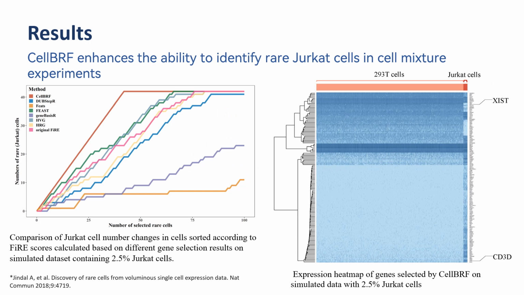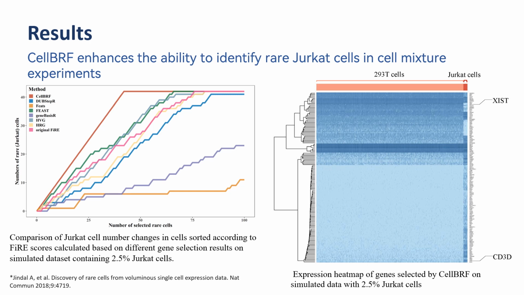At last, we designed a simulation experiment to evaluate the performance of selected genes in identifying rare cells. We simulate rare cells by reducing the proportion of Jurkat cells in the data. We replace the feature selection step in a rare cell scoring method, FiRE, with different feature selection methods and calculate the corresponding scores.